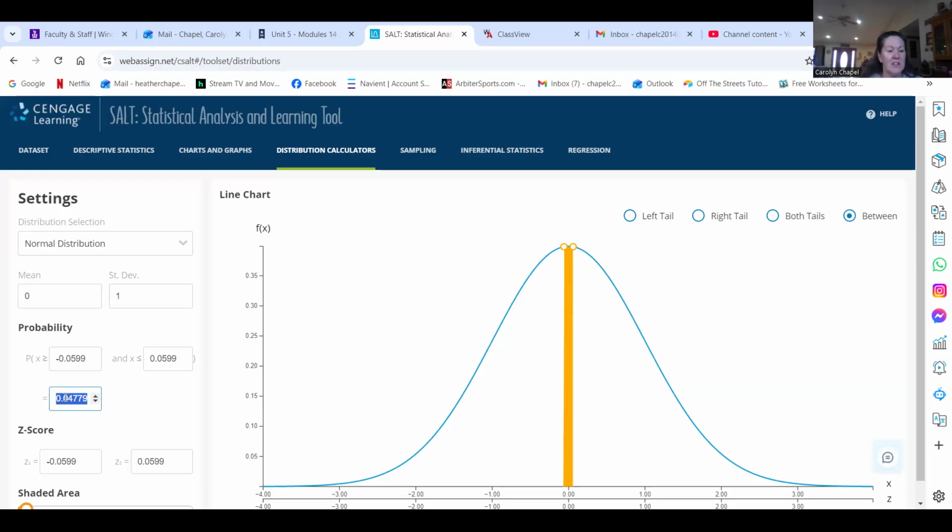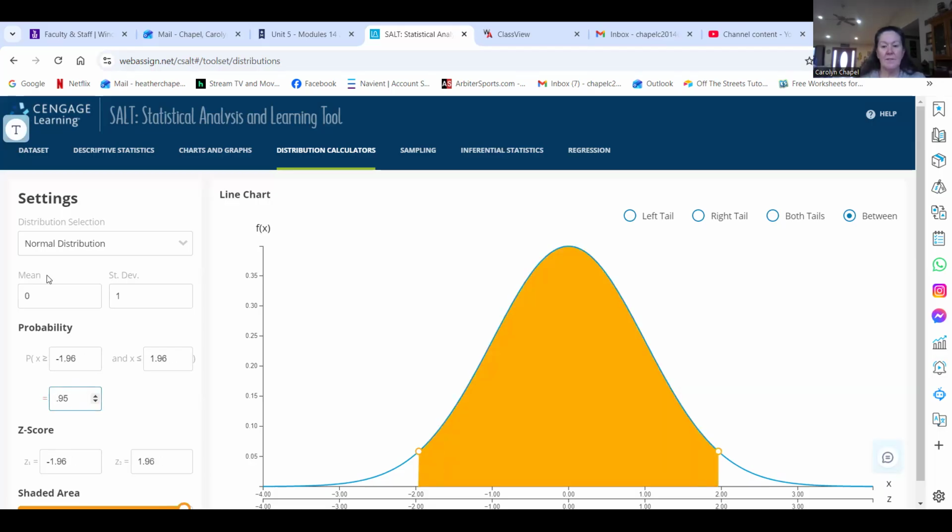So I'm going to be changing this box down at the end. And I want that to be 0.95. So notice we get a negative 1.96 and a positive 1.96. I just took a moment and wrote that down. Those numbers are pretty darn close to 2.